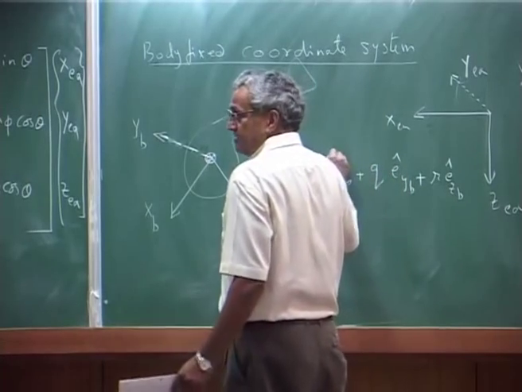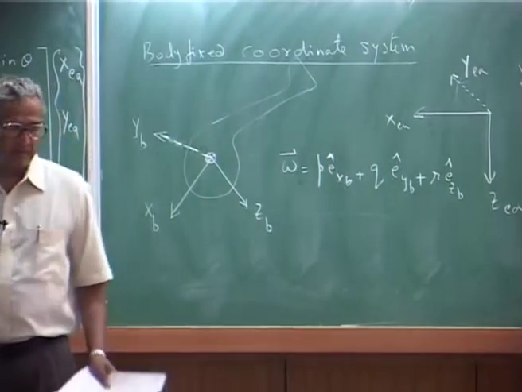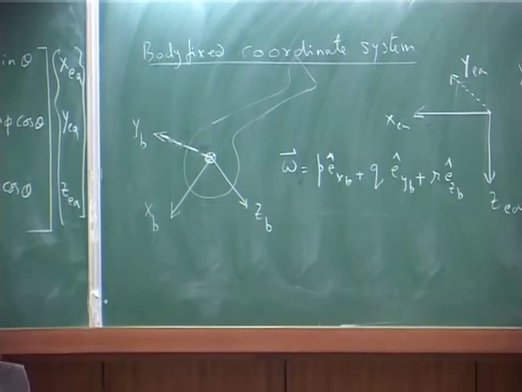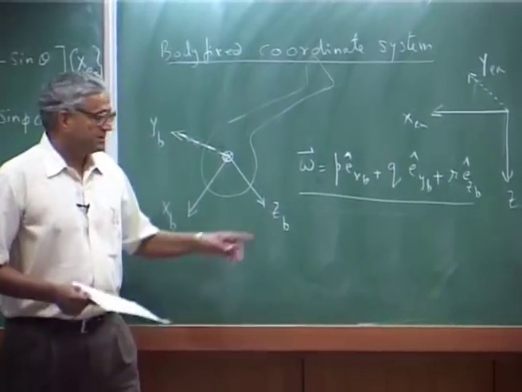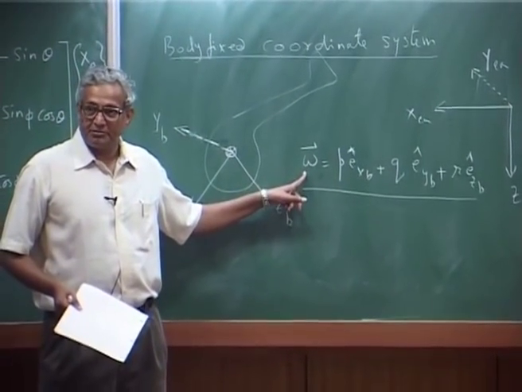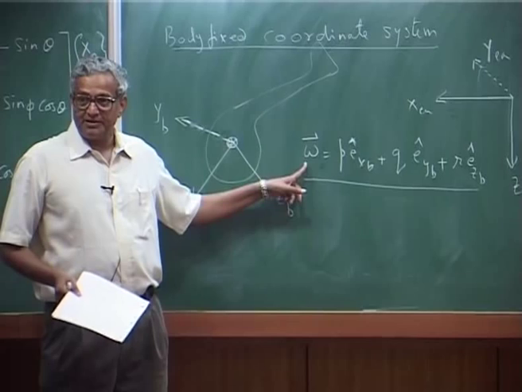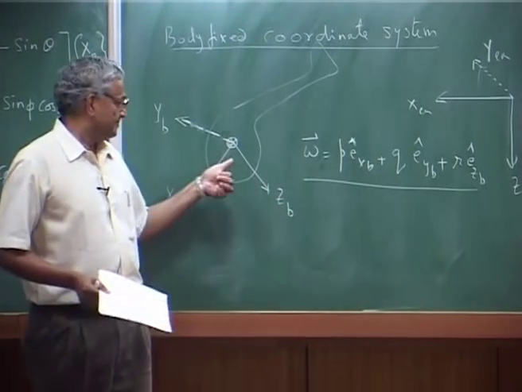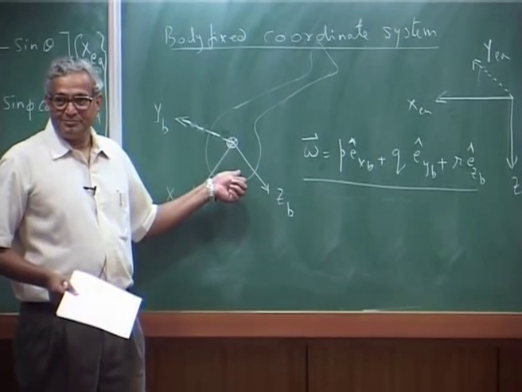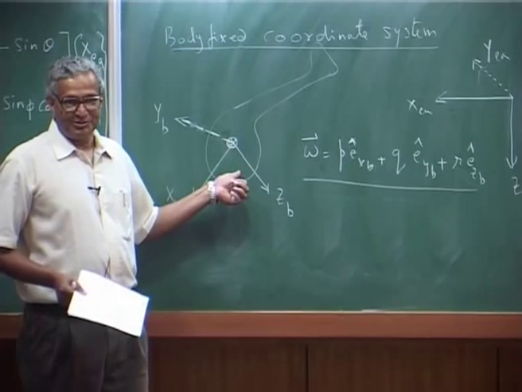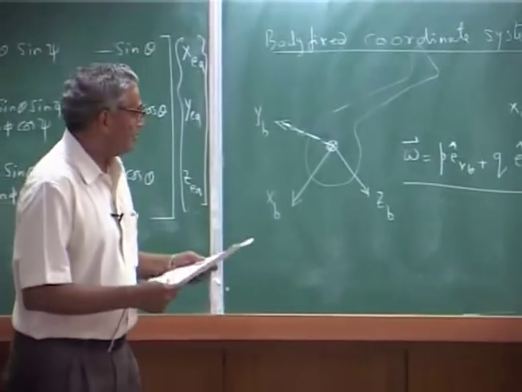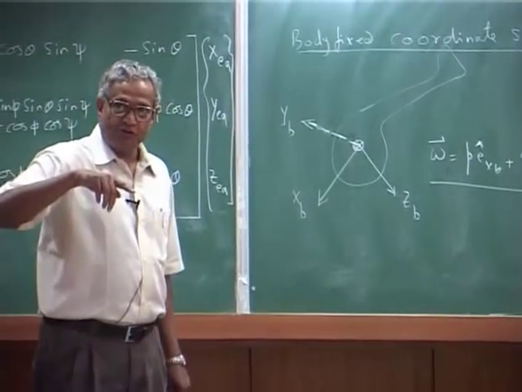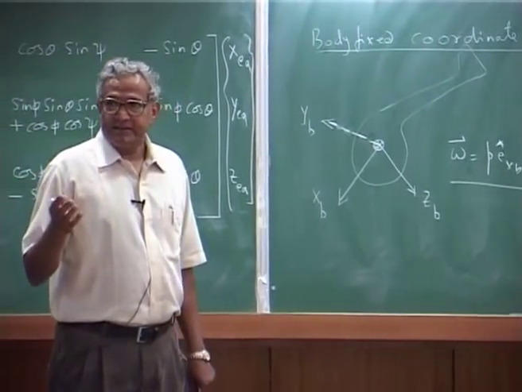Okay, that e is the unit vectors. Now, this is the instantaneous angular velocity vector defined with respect to body axis.